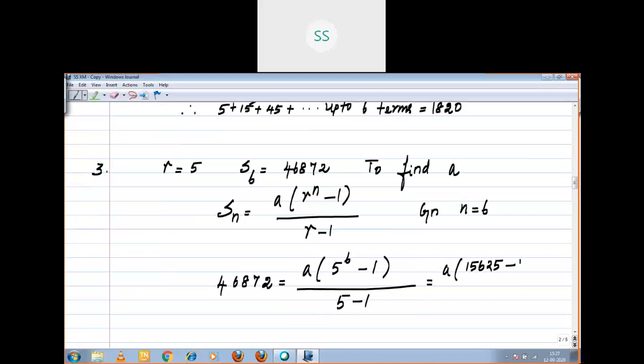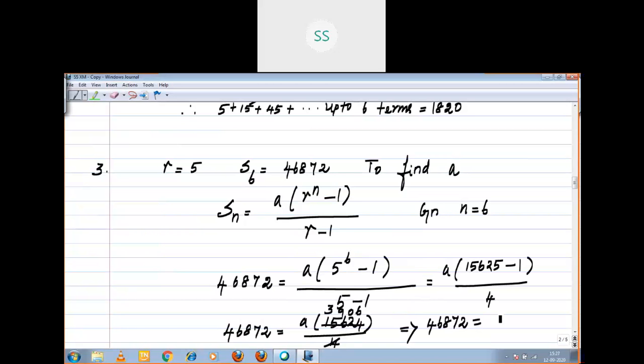a into 5 power 6. 5 5s are 25. 25 into 25 is 625. 625 into 25 is 15625, minus 1, divided by 4. Now 46872 equal to a into 15624 divided by 4.